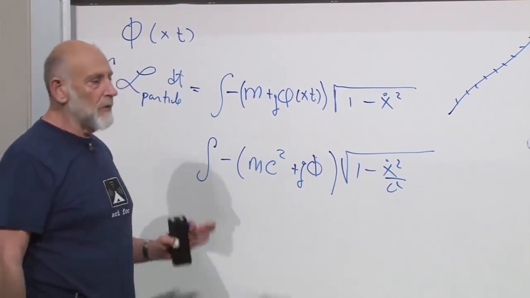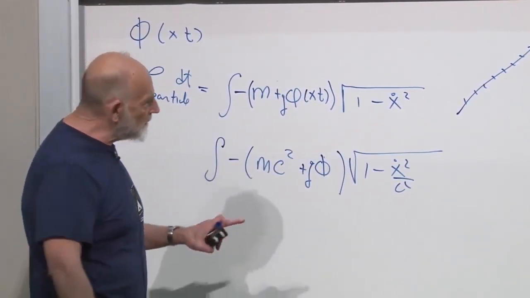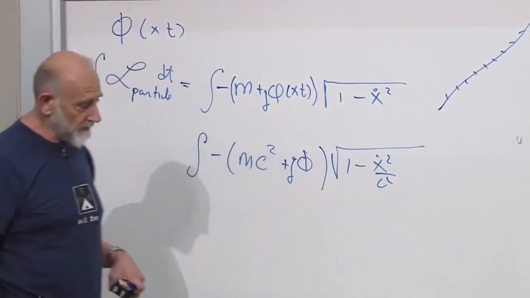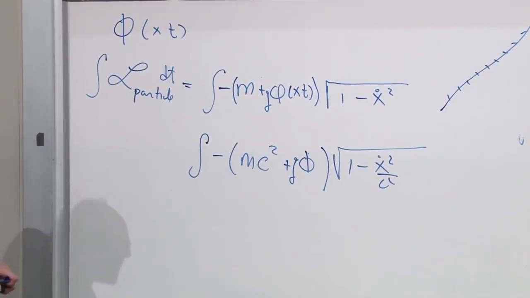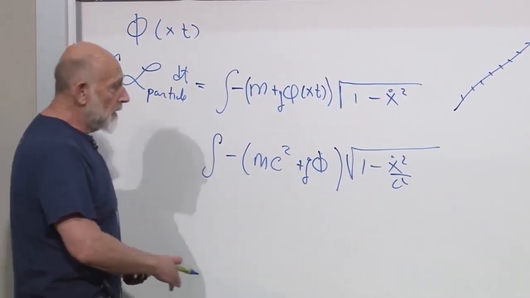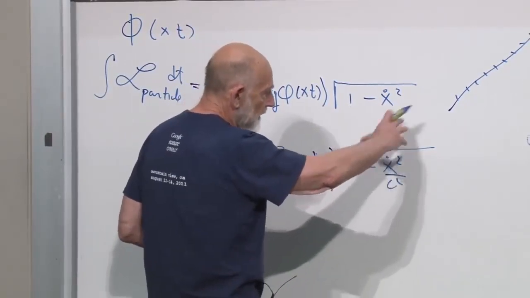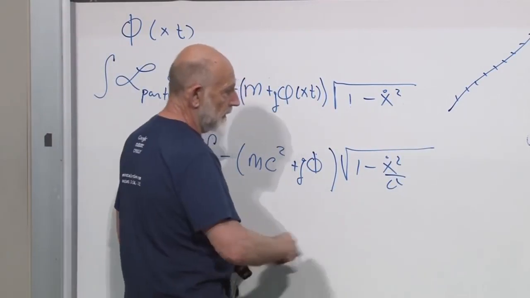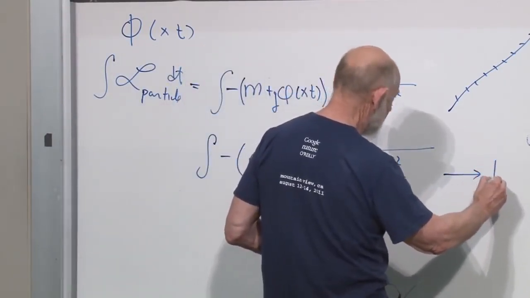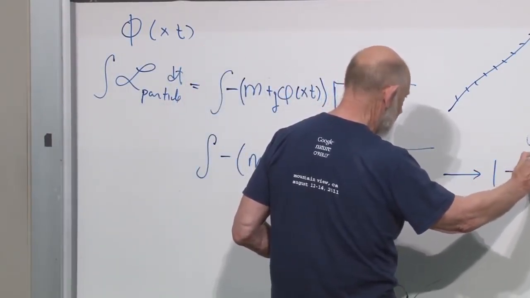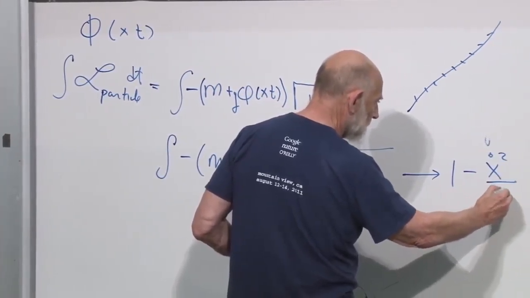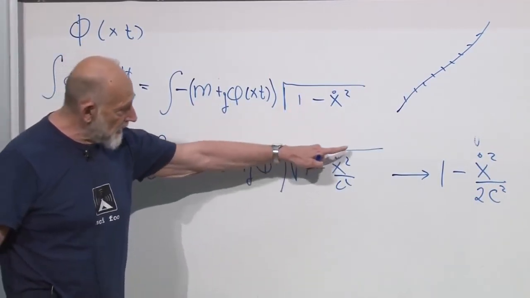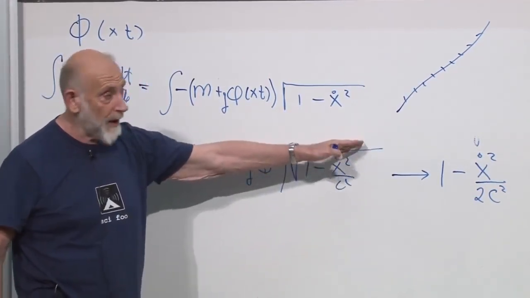And now let's go to the non-relativistic limit. When c gets very large, we expand the square root using the binomial expansion. 1 minus a small number to the 1/2 power becomes 1 minus x dot squared over twice c squared. The twice comes, the 1/2 comes, because this is something to the 1/2 power.